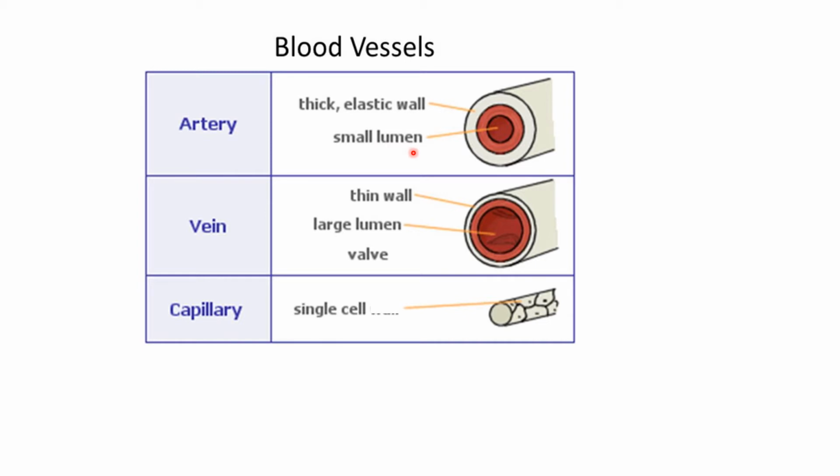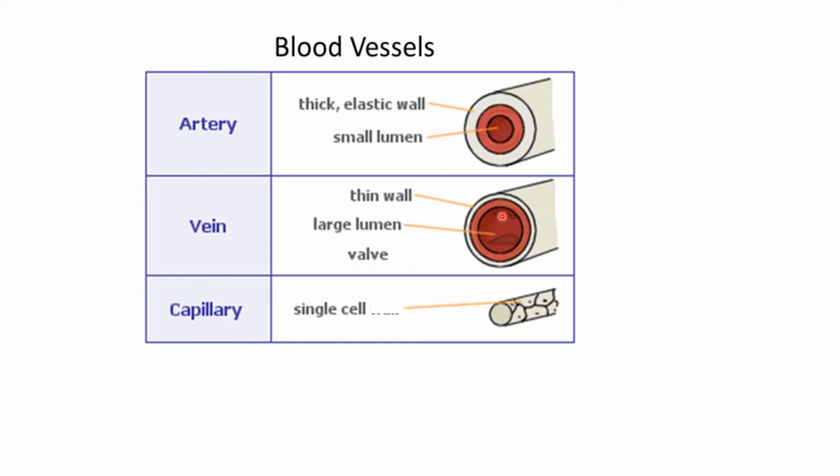And veins collect the blood and bring it back to the heart. They do not need thick walls, because inside the veins the blood is not under the pressure, so they have thin walls rather than thick walls.